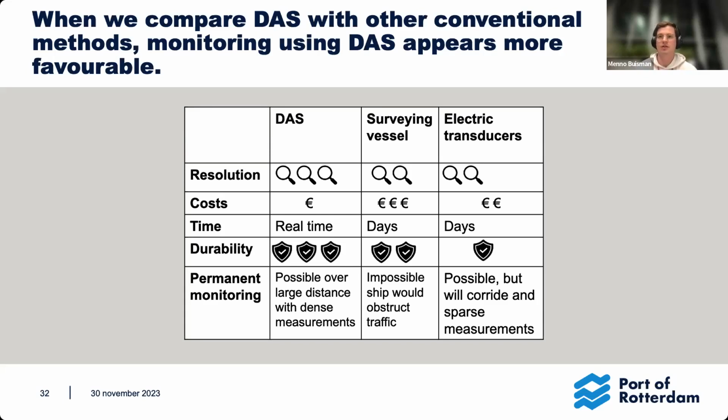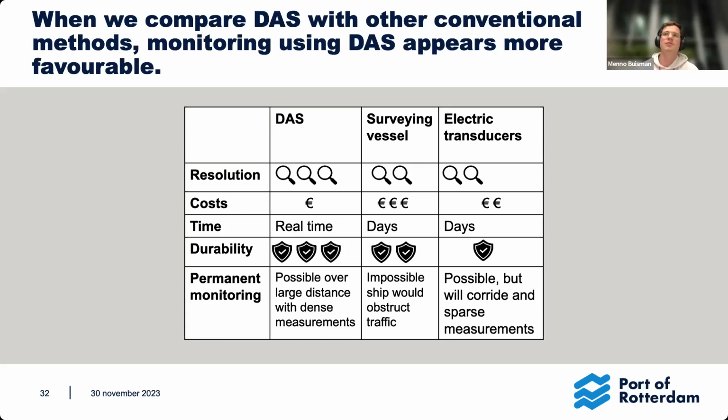And it gets obstructed by traffic, and it is obstructing other traffic. Now, fibers, on the other hand, we can continuously monitor. The fibers themselves are very durable, and they're not that expensive. Of course, the interrogator is expensive, but the fibers themselves, not so much.